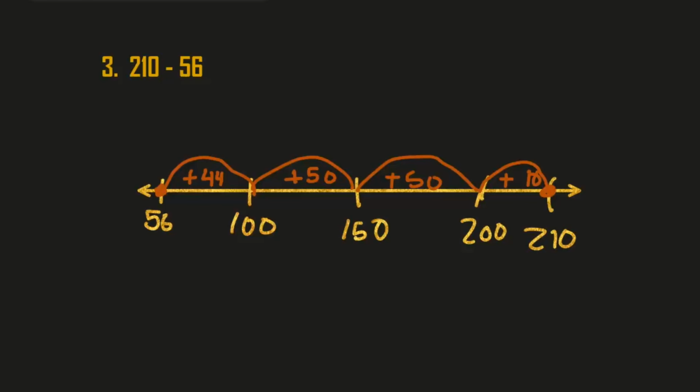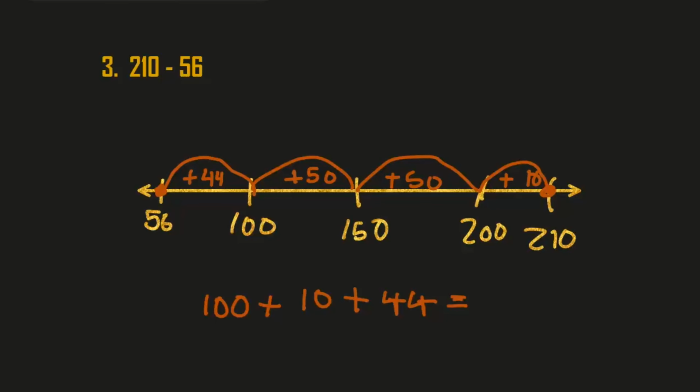Now we have to add all of these. So obviously 50 plus 50 equals 100. So let's just put 100 there instead of putting 50 plus 50. Plus 10 from here. And plus 44 from here. So now, here our answer is 100 plus 10, 110.